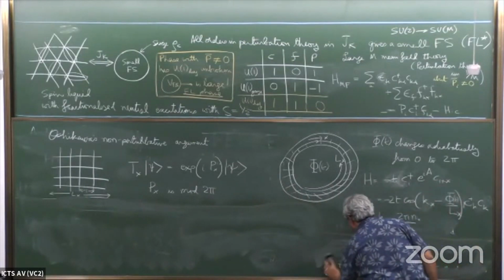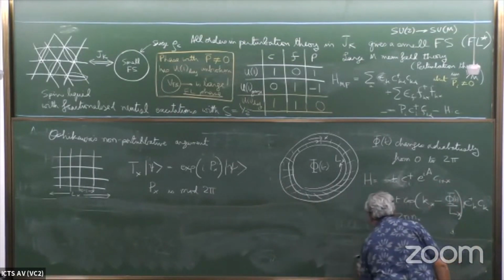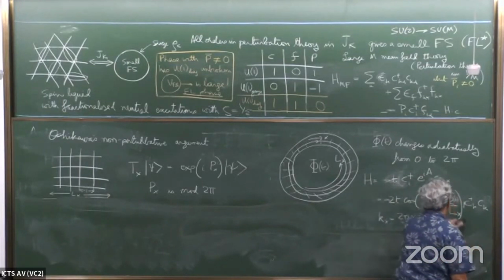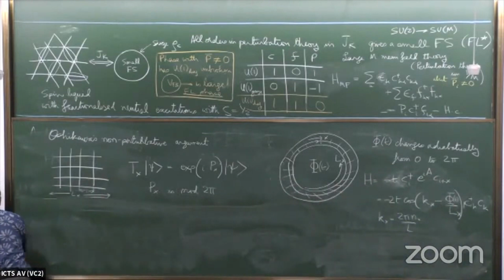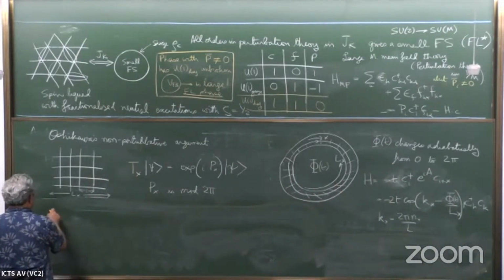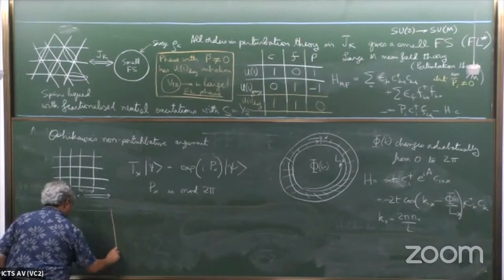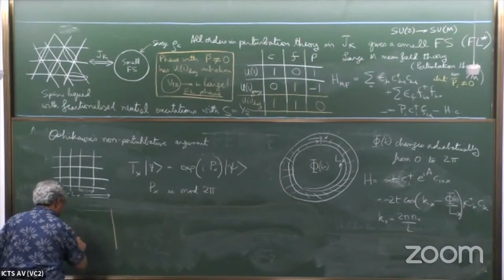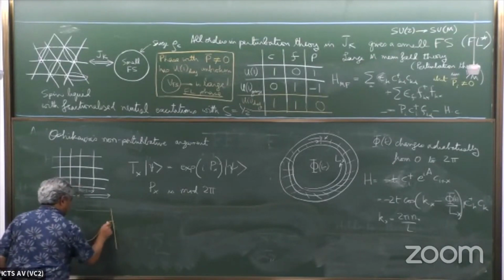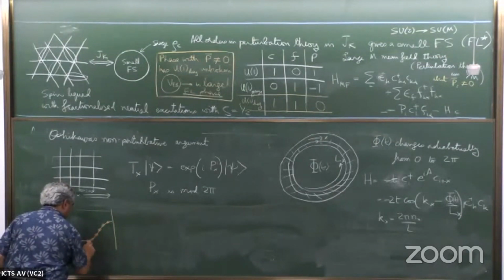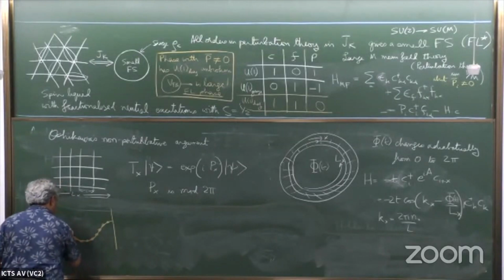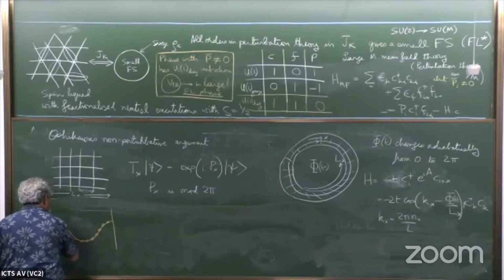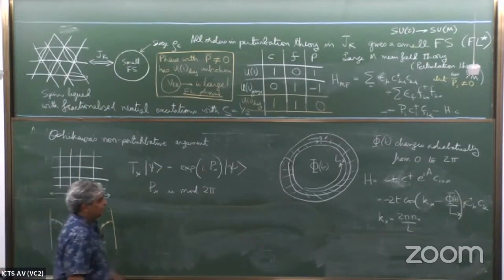So what happens here as you change the flux phi very, very slowly? Let's make a picture of it. So you have a band here, and you have a bunch of states. Okay, so there are 2 points of view.